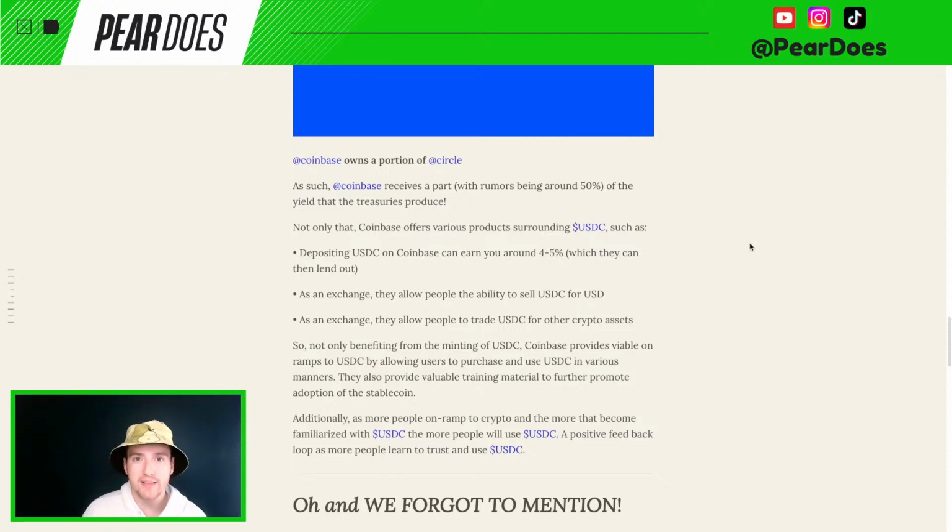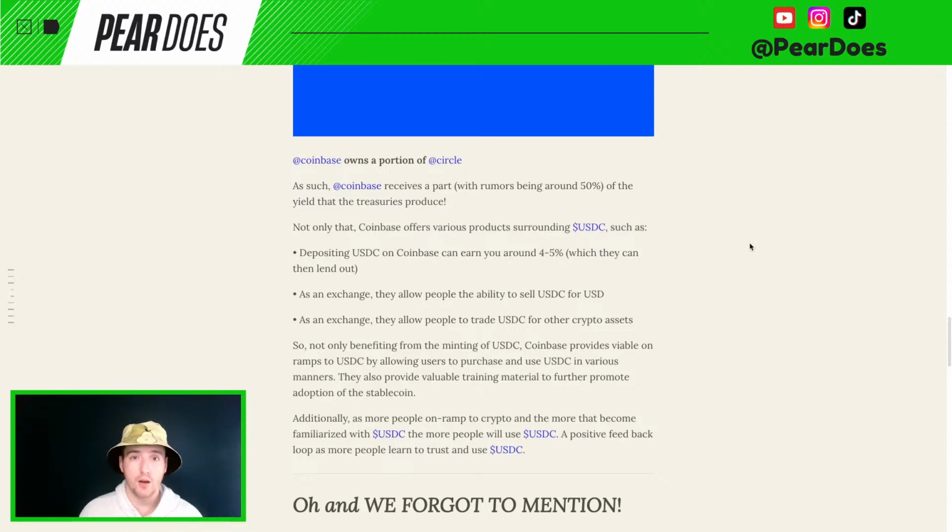But by providing the savings account, users can now see, okay, now I should probably buy more USDC. I should continue to buy USDC because it can act as a savings account either domestically, abroad. But not only that, we can now lend out our USDC to other people who want to take out these loans. On Coinbase, you can exchange and allow people to buy USDC for US dollar.